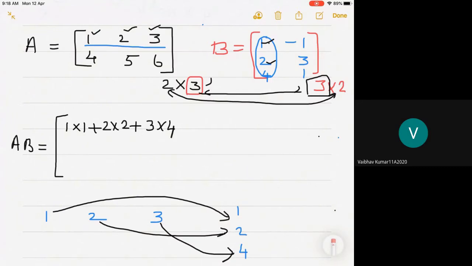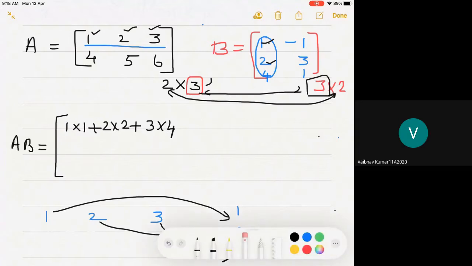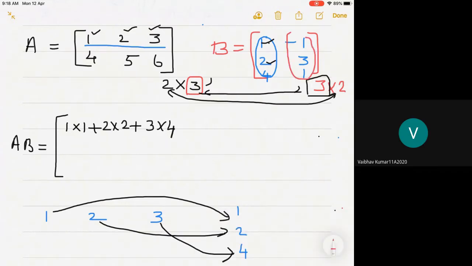Now, next, this first row again you have to multiply with the second column. The second column is minus 1, 3, 1.